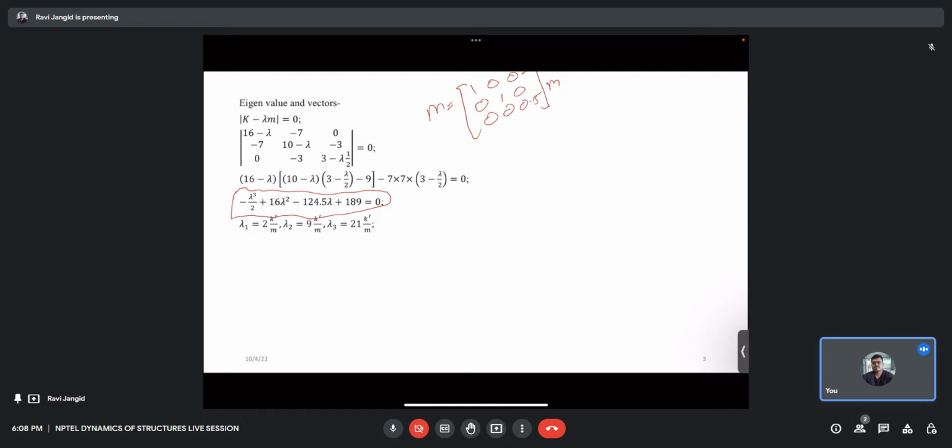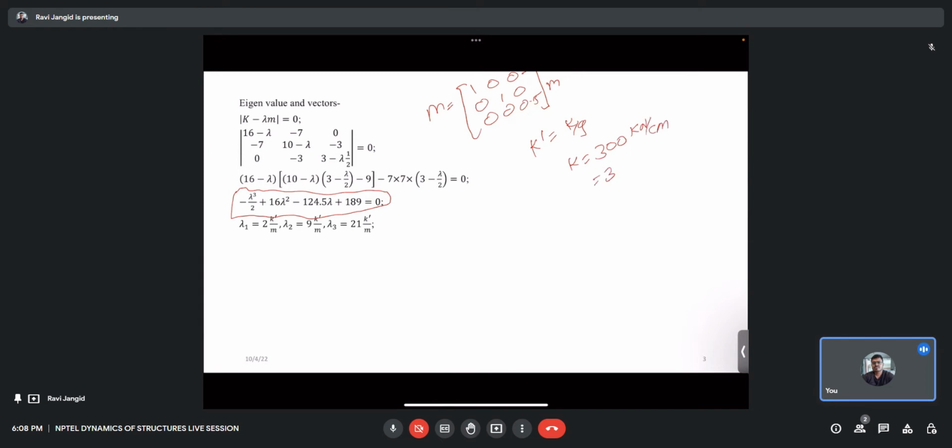So these three roots are: lambda 1 is equal to 2 k dash by m, lambda 2 will be 9 k dash by m, and lambda 3 is 21 k dash by m. So what would be our k dash? K dash is k by 9. And what is our k given in this equation? That is 300 kilonewton per centimeter.